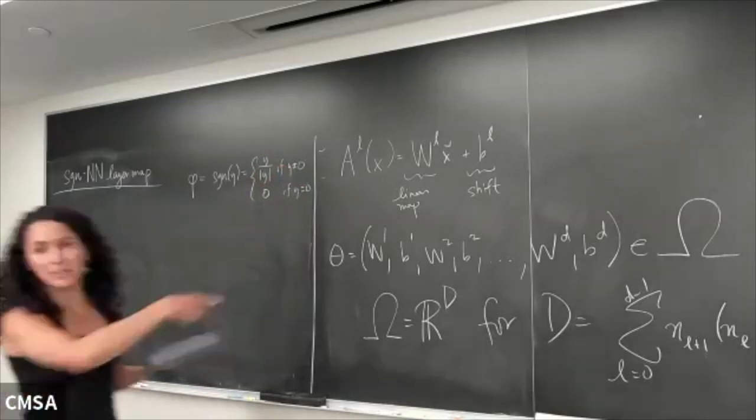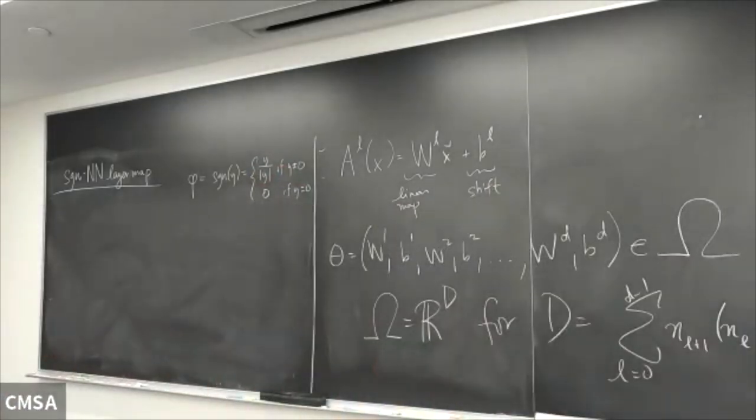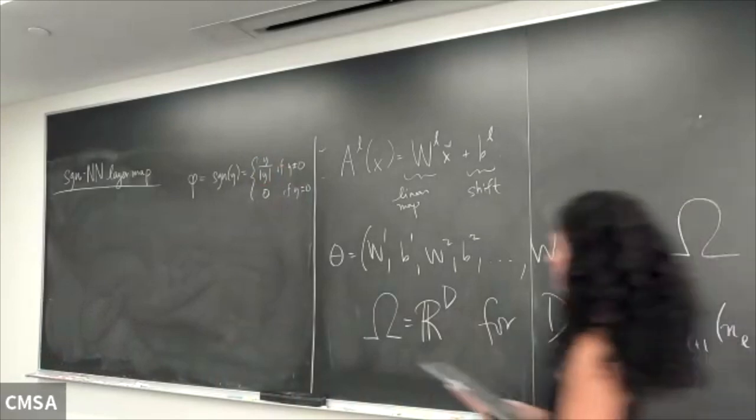Then the outputs are exactly what I wrote down here, where plus here means +1 and minus means -1.